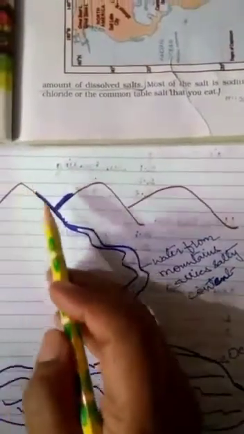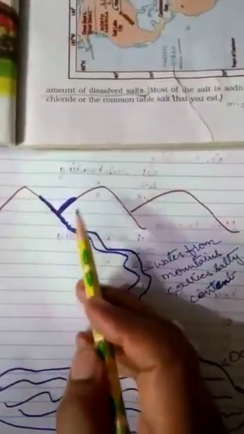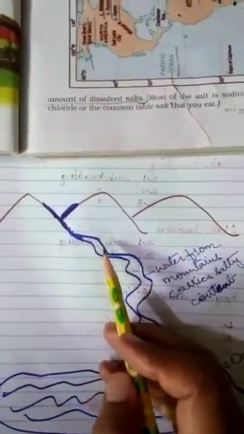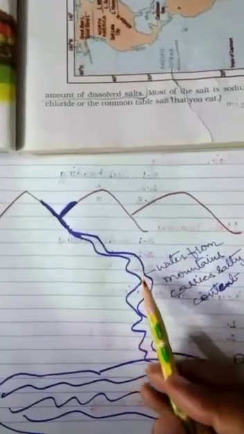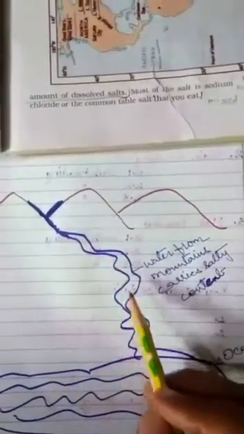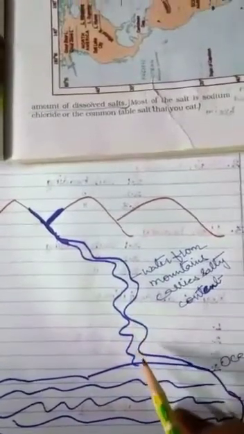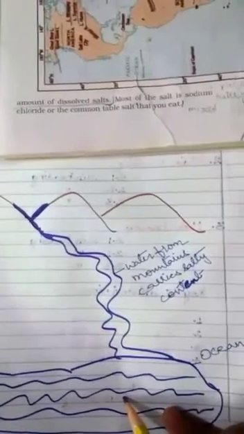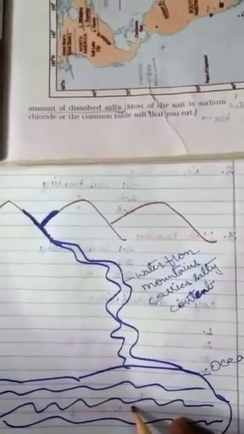So here I explain. When the river from the mountains, or the rain, carries water to the sea, it carries salty content, the rocks, the pebbles and all along with it, and this gets deposited into the ocean or sea.